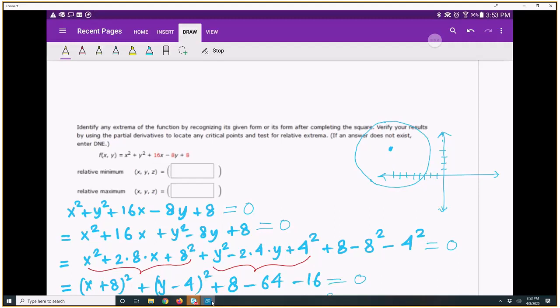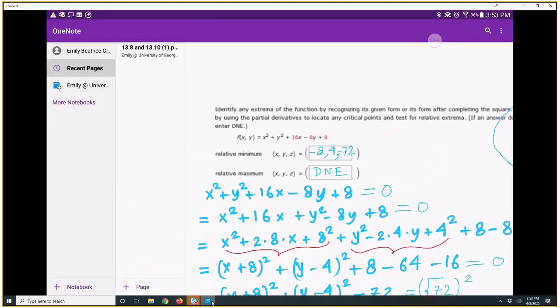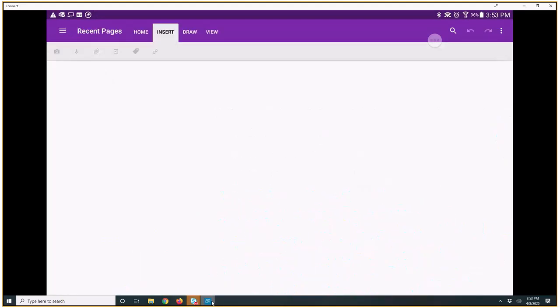So now the results I have obtained, I already obtained that the relative minimum is happening at negative 8, 4, negative 72. But relative maximum, I have to say, does not exist, and I'm going to verify that using the second derivative test. So I will open a new page for myself and start working on this.